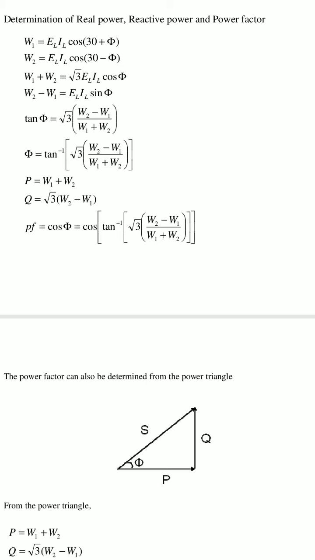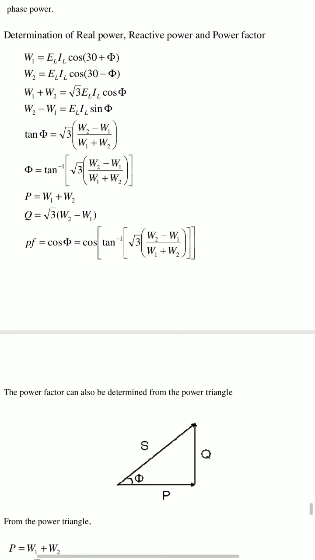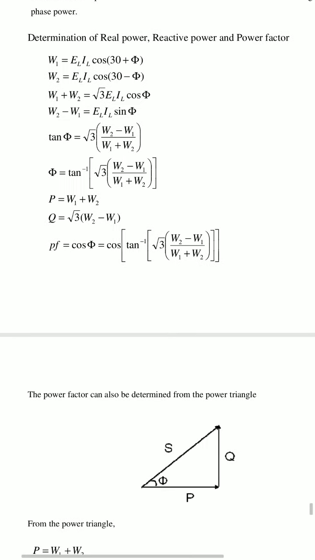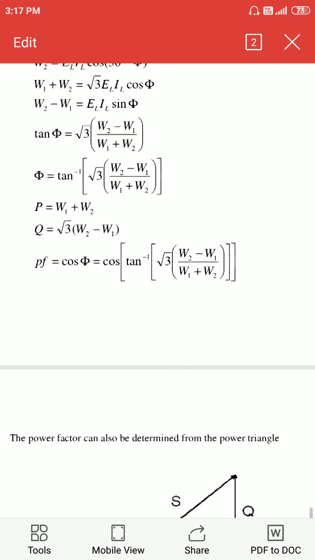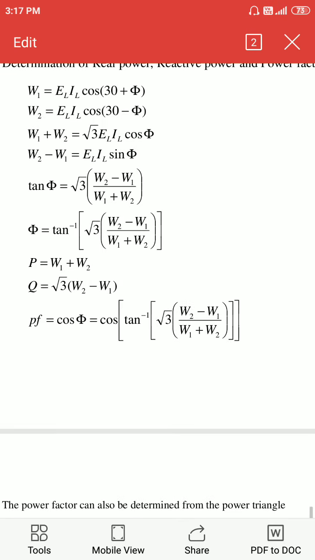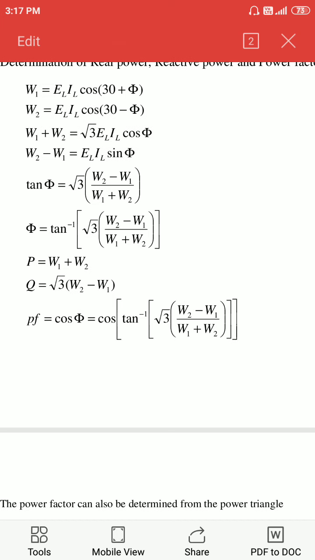Now very carefully observe this one. So read once again: W1 plus W2 is equal to root 3 EL IL cos phi and W2 minus W1 is equal to EL IL sin phi.